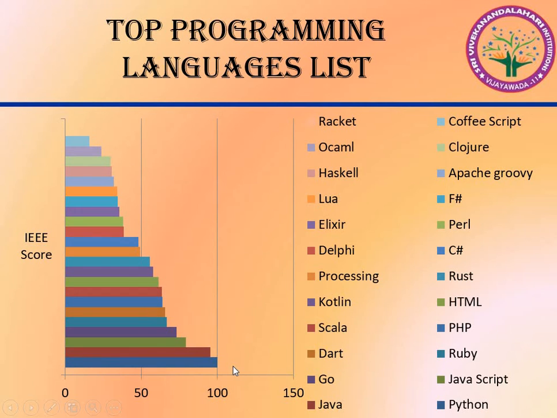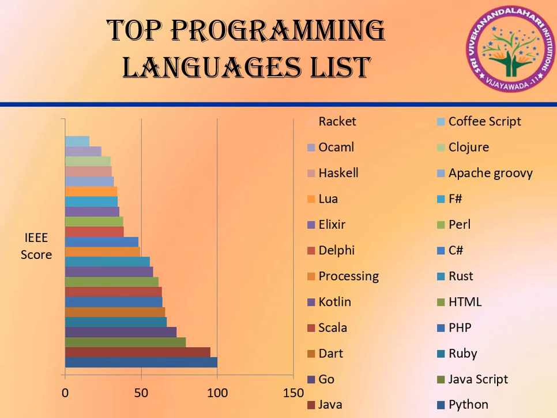It occupies the first place with a 100% weightage in the top programming languages list, and the remaining portions are occupied by Java and JavaScript. Maybe you are not familiar with all these languages, but some you may know, like C, C++, HTML, Scala.